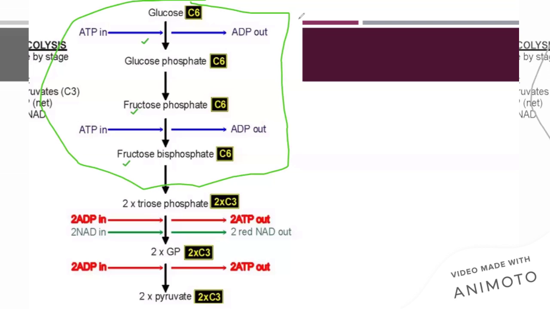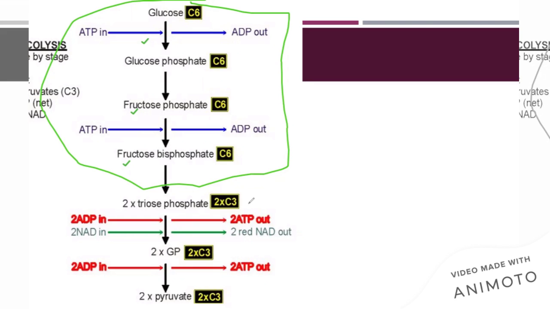And then we move to the payback phase in glycolysis, where that fructose bisphosphate is broken down into 2 triose phosphate, which is 2 3-carbon sugars. And then you have the oxidation. So you have oxidation of triose phosphate that will produce 2 ATP and 2 hydrogen. And those 2 hydrogen will be picked up by the NAD to form 2 reduced NAD.